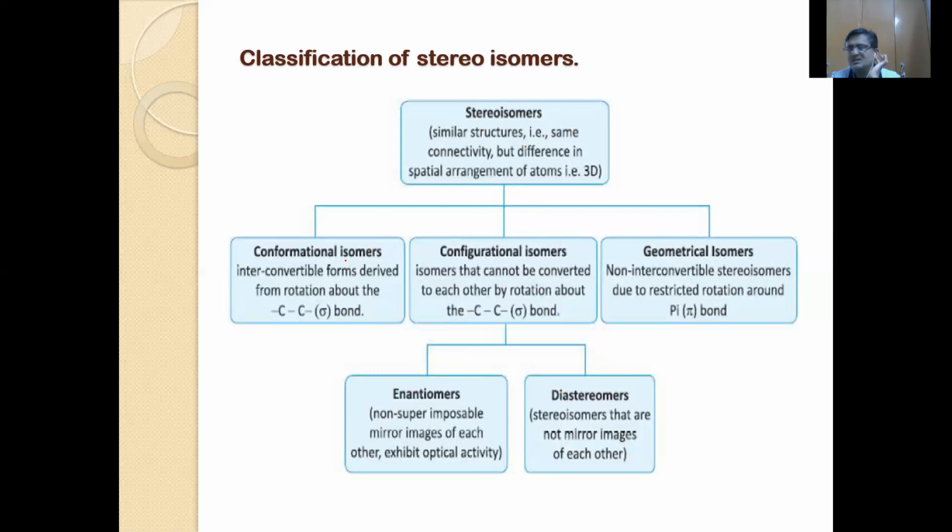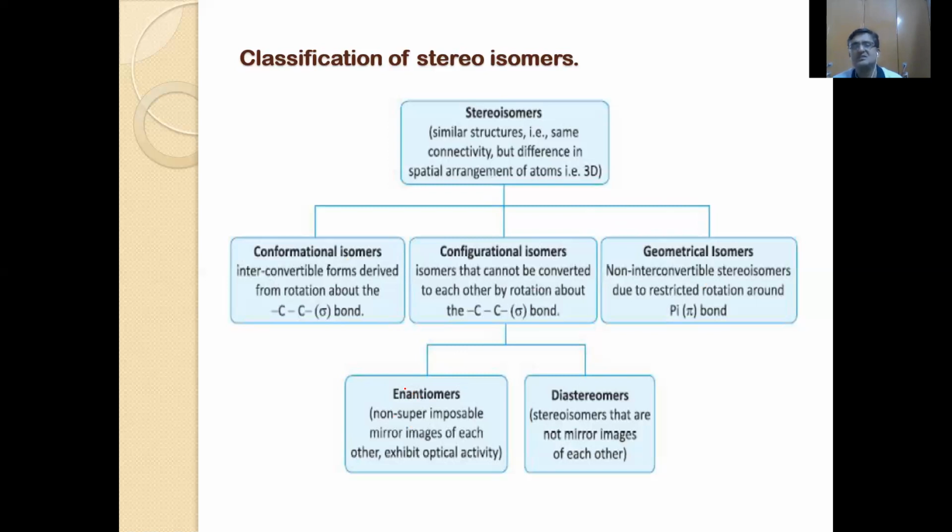You should remember the stereoisomers are of 2 types, configurational and conformational. And in the configurational we can classify them again as geometrical isomers and optical isomers. Optical isomers may be enantiomers or diastereoisomers.